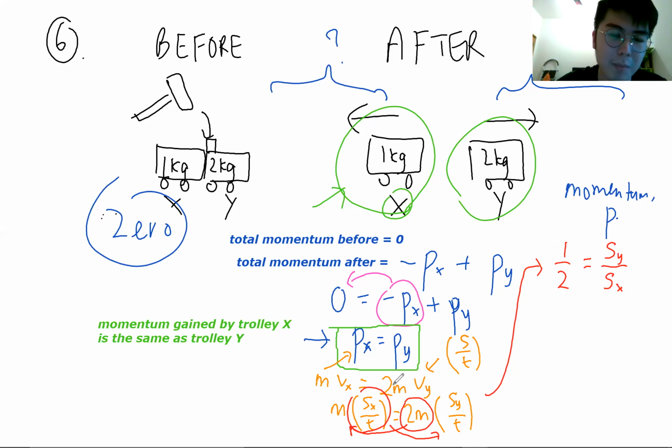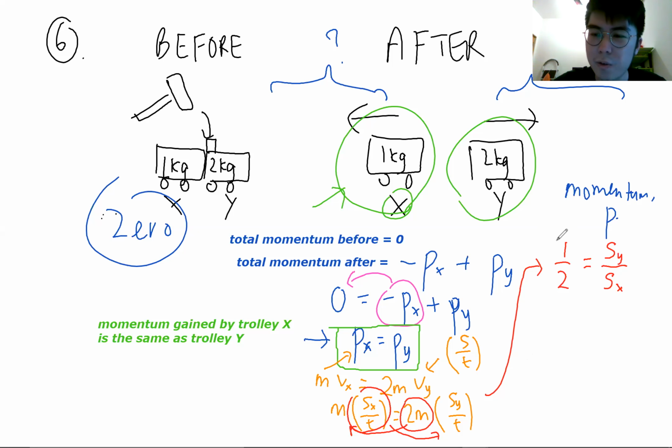You cancel m, and then cancel t. Why can you cancel them? Because m is the same, because I already put 2m here, so m is the same. T is also the same. The time is the same, so I can just cut off. What is not the same is just the distance traveled, right?